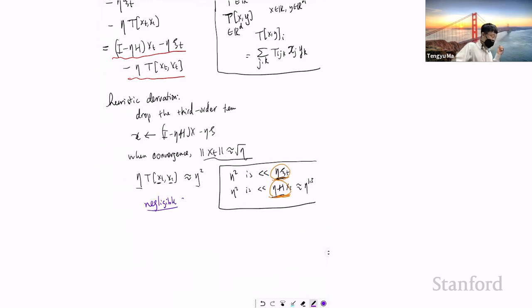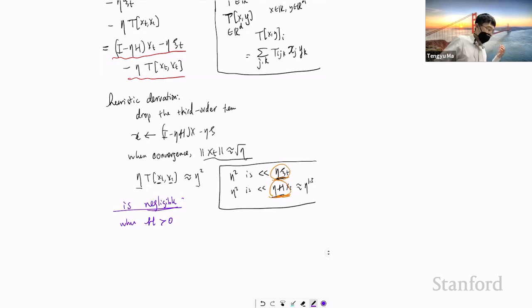And indeed this is negligible, but it's true under one condition: when the Hessian is strictly PSD. That's when you have contraction in all different directions.